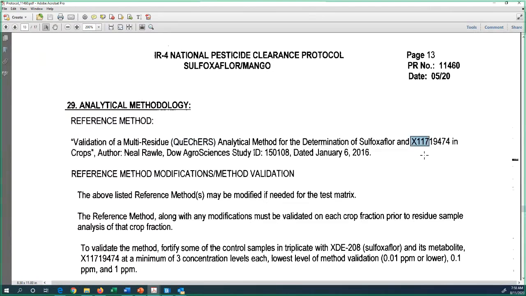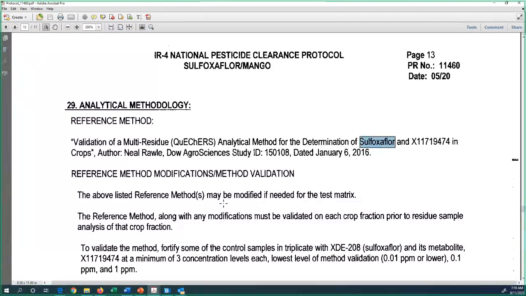This is what I say, but you use different way. It's easier for communication. If you use the word like sulfoxaflor, that's easy. But if you use X117194774, that's a little bit difficult. So I use X117, everyone understands. Or sometimes you say metabolite because sometimes you get more metabolite rather than just one.